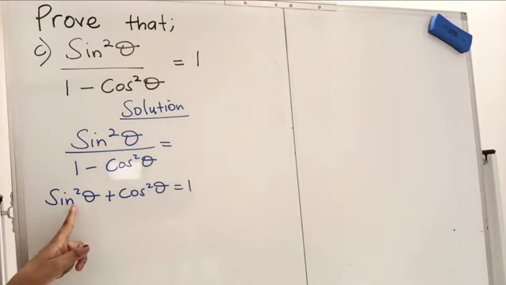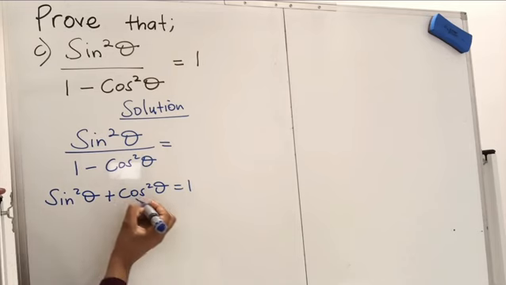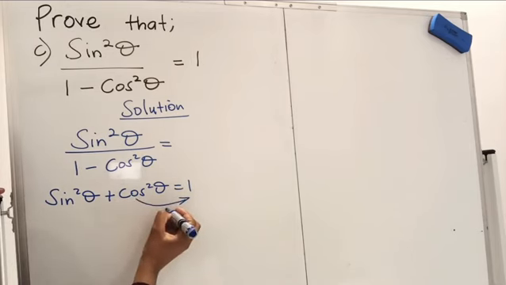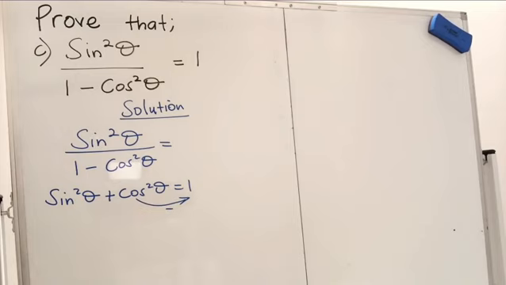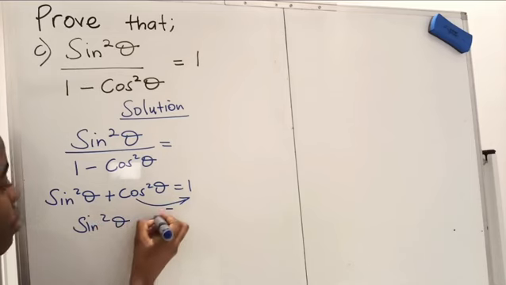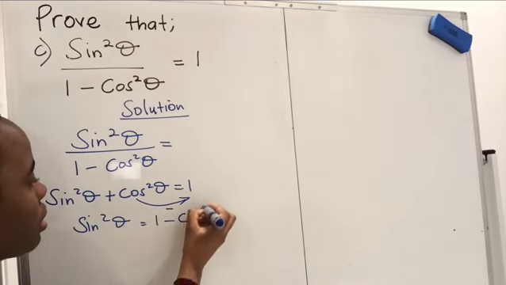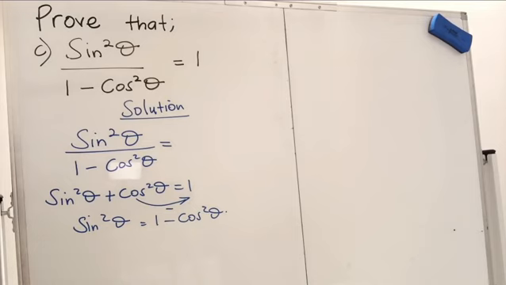Now if we want to make sine squared theta the subject, I will take cos squared theta to the right hand side and it's going to become negative. So I will have sine squared theta is equal to 1 minus cos squared theta.